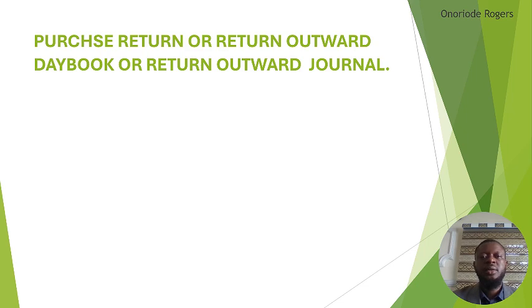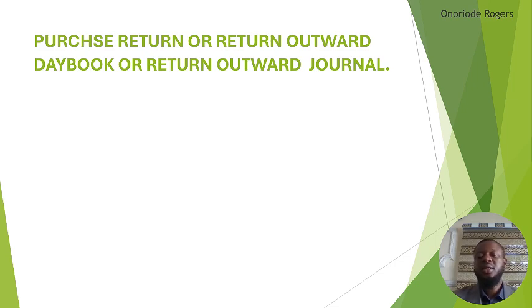Okay, now let's look at the purchase return or return outward day book. We also call it a return outward journal. This one is used to record goods returned back to the supplier, maybe because they did not meet up with your specification or the color or what have you. You have your own reasons, so you decided to return the goods back to the supplier.